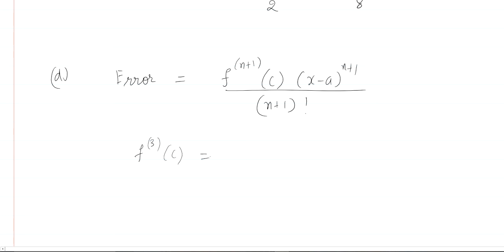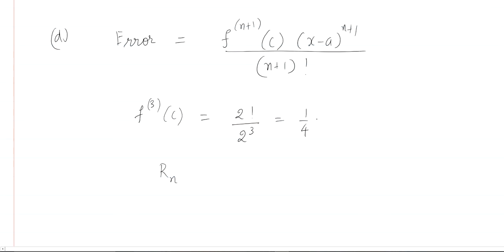The third derivative is equal to 2 factorial over 2 cubed, which is equal to 1 over 4. Then the error value is going to be equal to the derivative times (1.2 minus 1) cubed divided by 3 factorial.